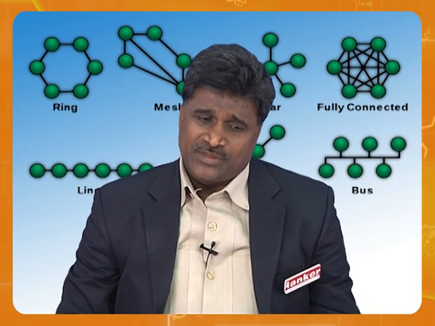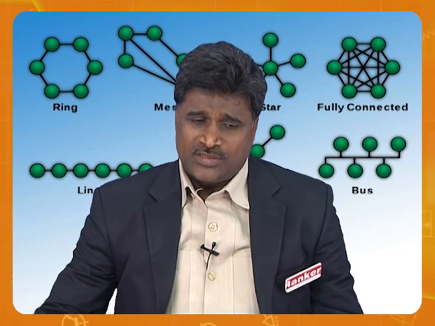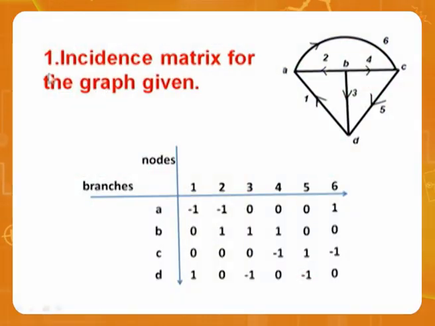Now I will illustrate with a problem. Let's call this problem number 1: the incident matrix for the given graph. For example, this is the graph for us, and these are the nodes and branches we take. The node is A. So what are the elements that are linked to A? Please observe here.